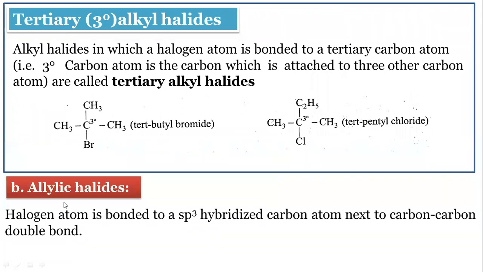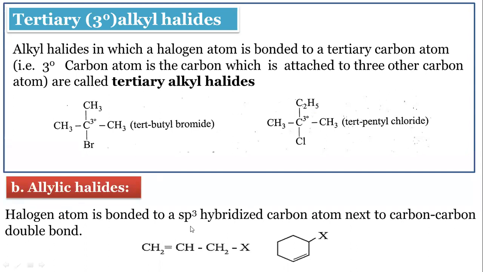See, allylic halides are those in which halogen is bonded to the sp3 hybridized carbon atom next to the carbon-carbon double bond. In this example, you can clearly see this X is attached to a carbon and this carbon is attached to the carbon-carbon double bond.